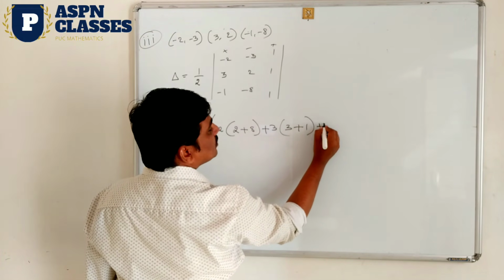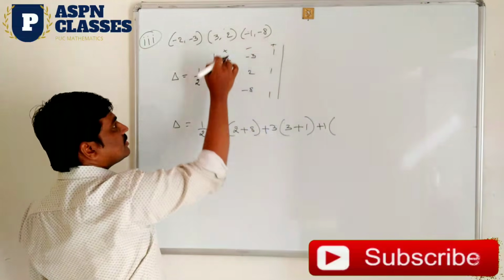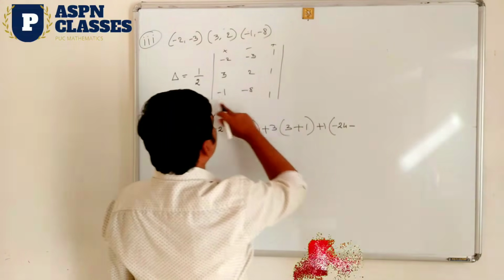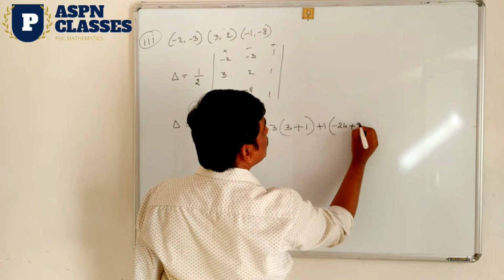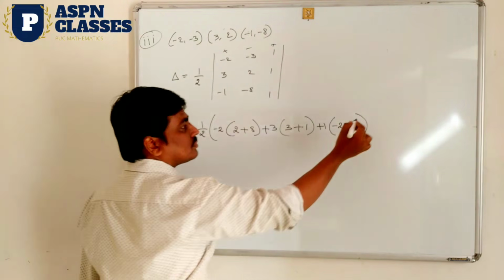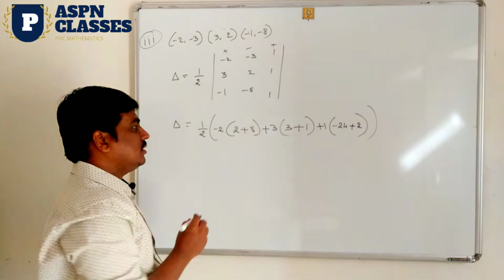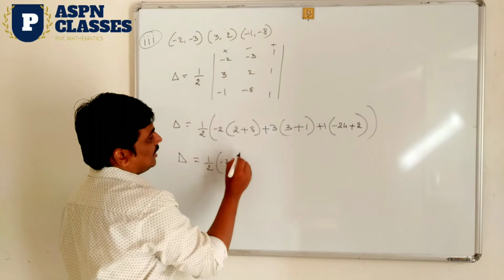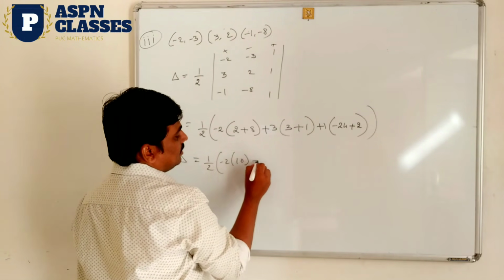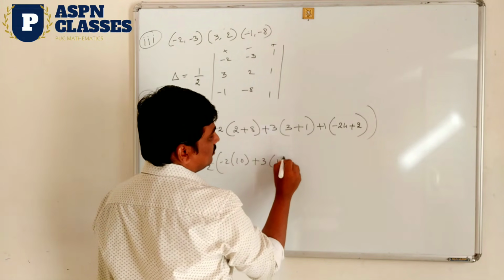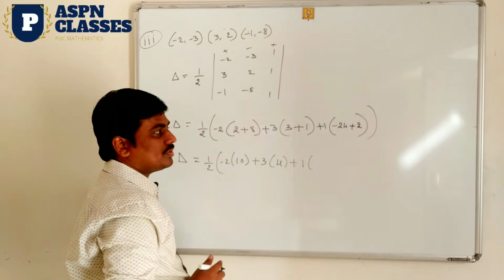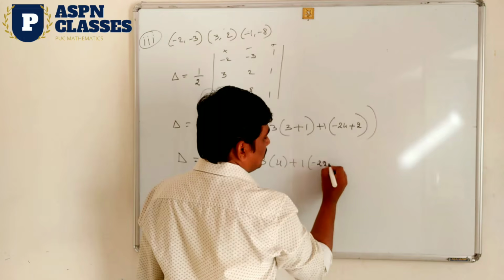Then plus 1 into the bracket, these two are cancelled, 3 into 8 minus 24, and minus minus plus 2. Is it clear? Next you go and simplify all the results: minus 2, 2 plus 8 means 10, plus 3 into 4, plus 1 into 24 minus 24 plus 2, it means minus 22.